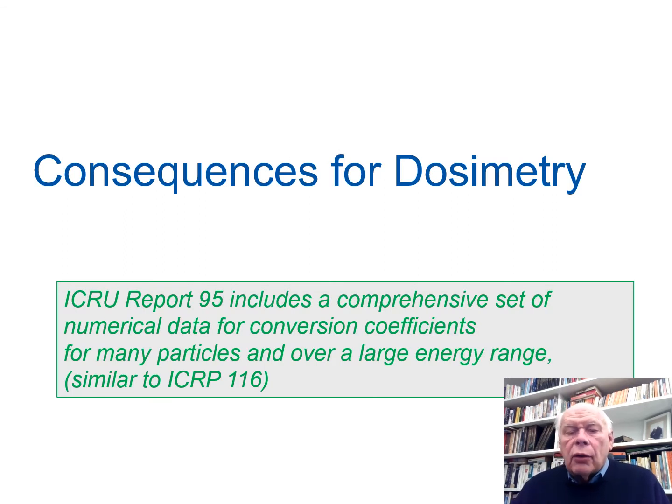So what are the consequences for the dosimetry of these new definitions? Before I go into that, I would like to mention that the ICRU report 95 includes a comprehensive set of numerical data for conversion coefficients for many different types of particles and over a large energy range, similar to the ICRP report 116.